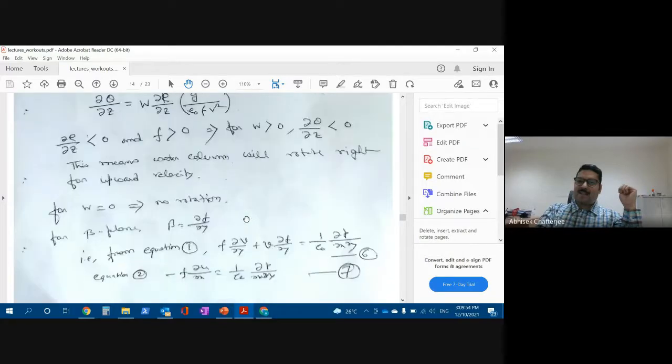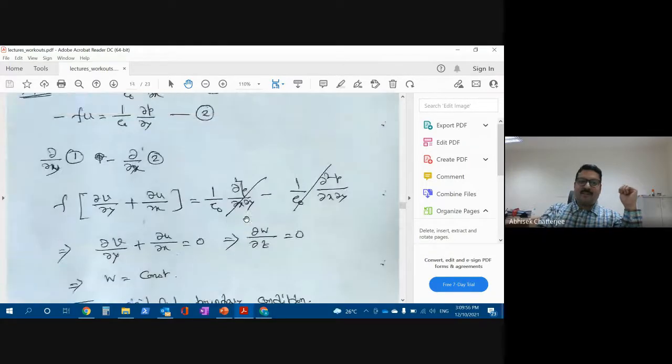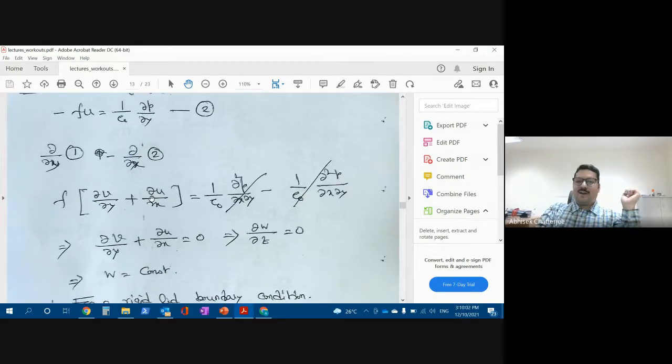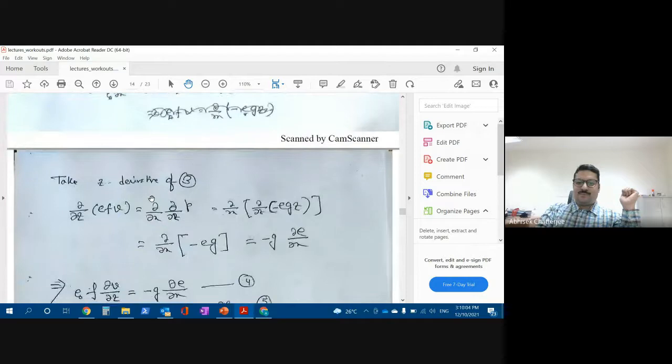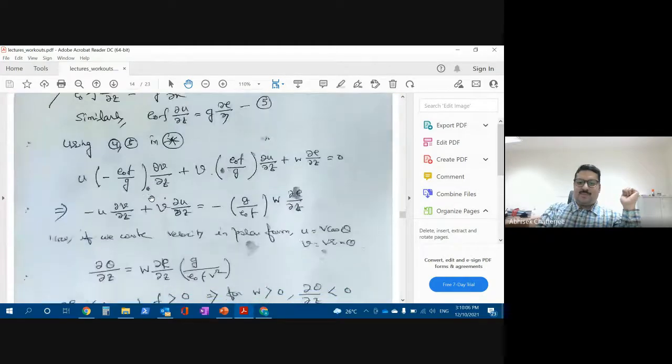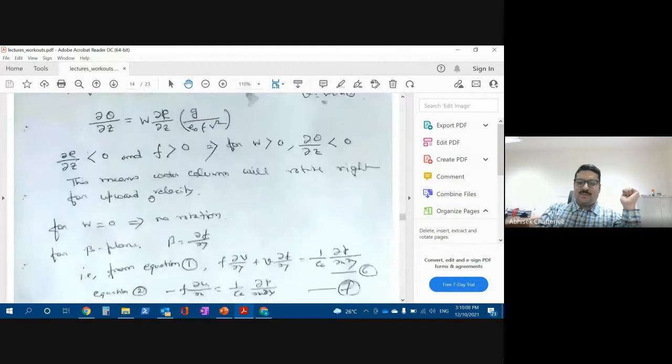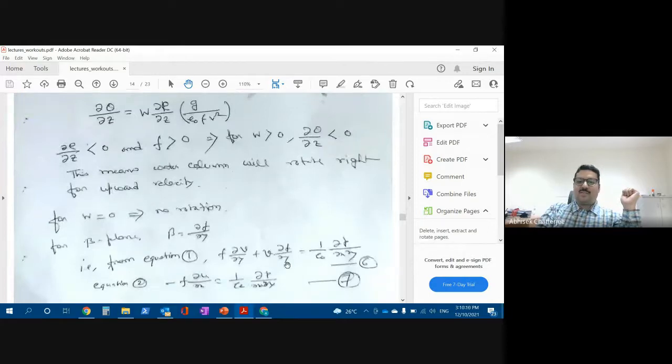The last time we added and subtracted these two equations to get w, right? You have to do the same thing, but now you have an extra term. Okay, just do this. So I have now these two equations. You have to subtract equation 7 from equation 6, that means 6 minus 7, to get w.